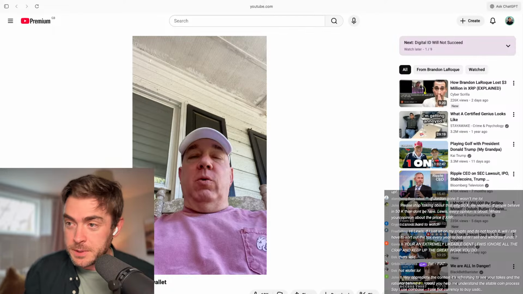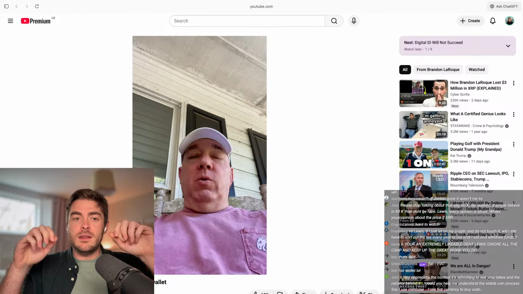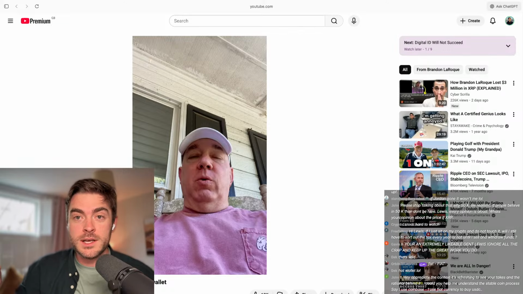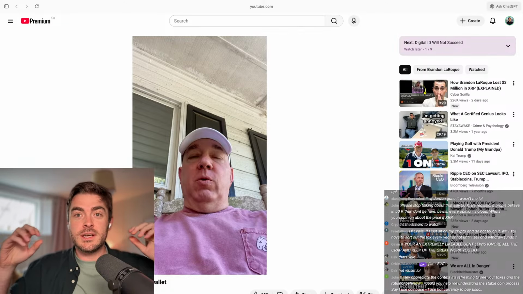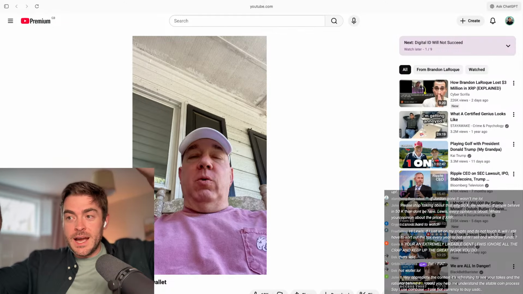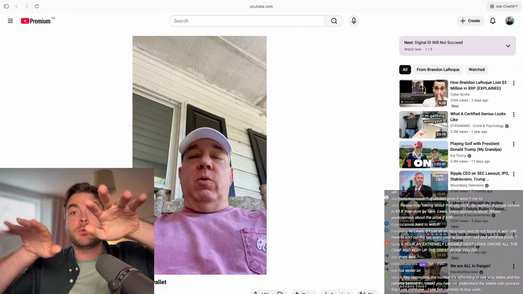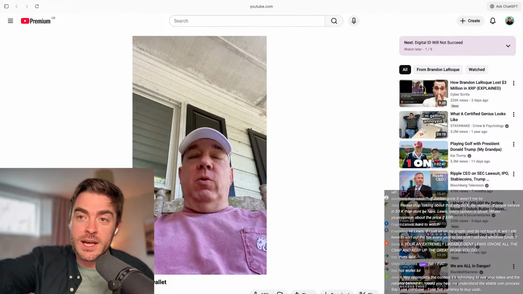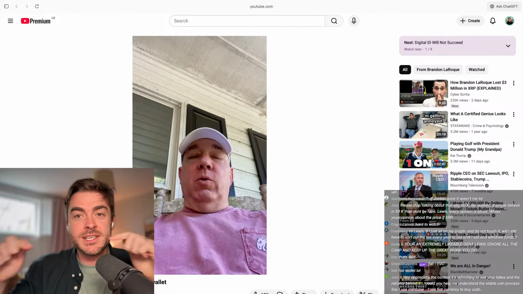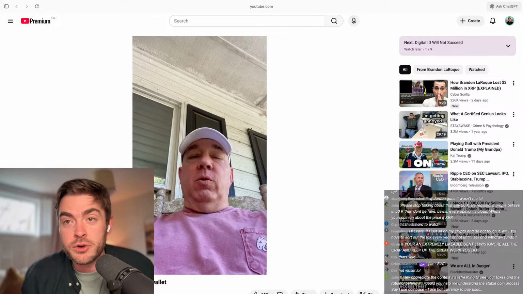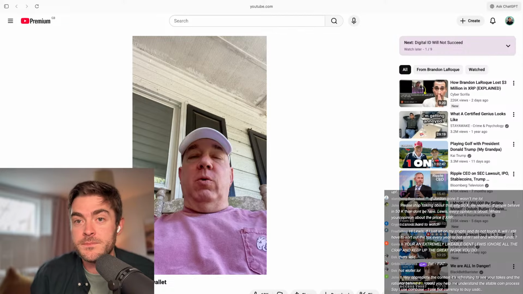They even have XRP cleaners, where it will create like 50 different wallets, maybe even more, and get that whole amount through these different wallets, and then those wallets will distribute again to more wallets, and then they'll all tie back into a singular wallet at the end. But trying to trace that journey and find the wallets is impossible. It's impossible to see where it goes, and it's like laundering money, but in crypto.